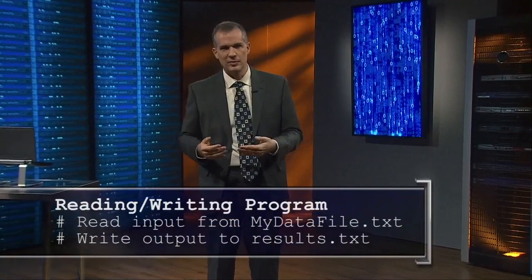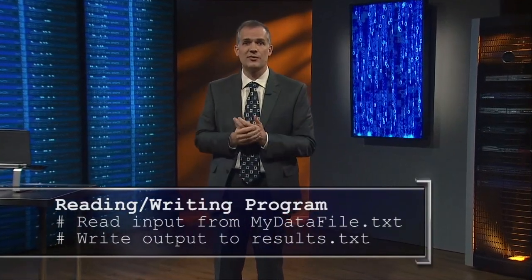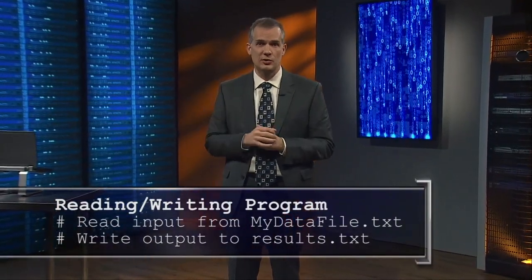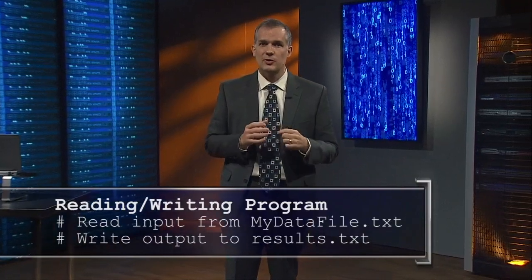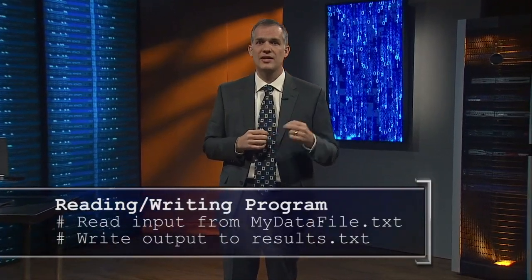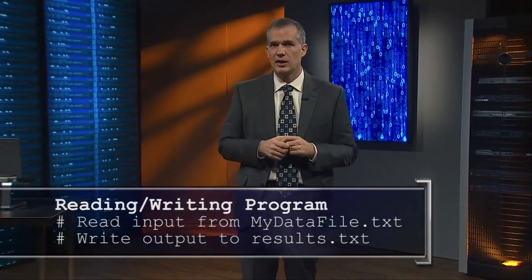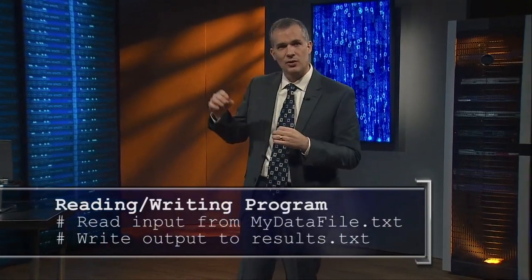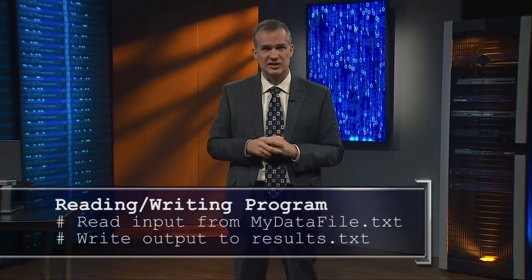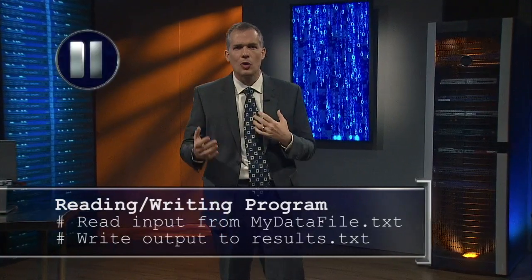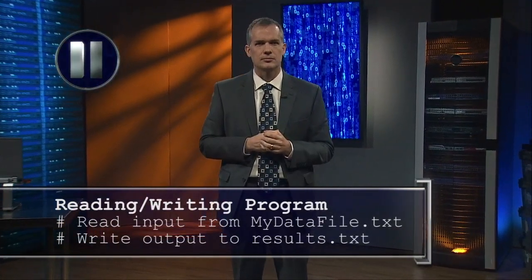Let's practice this. Say you have a program and you know that you'll want to read in data from one file and write out data to another. You want to get your input from a file called mydatafile.txt, and you want to output to a file called results.txt. How would you open those two files?